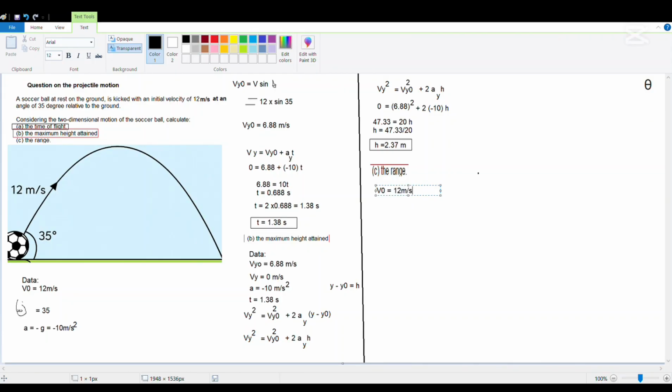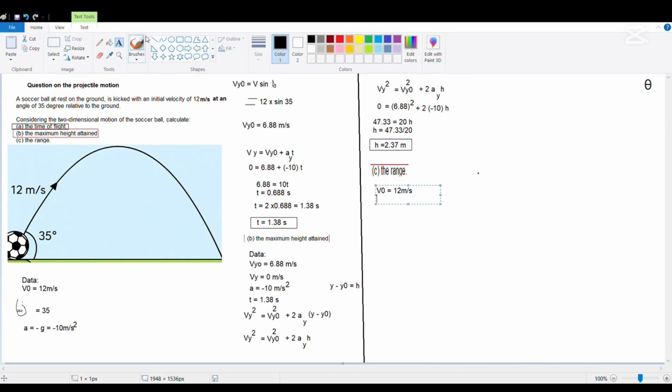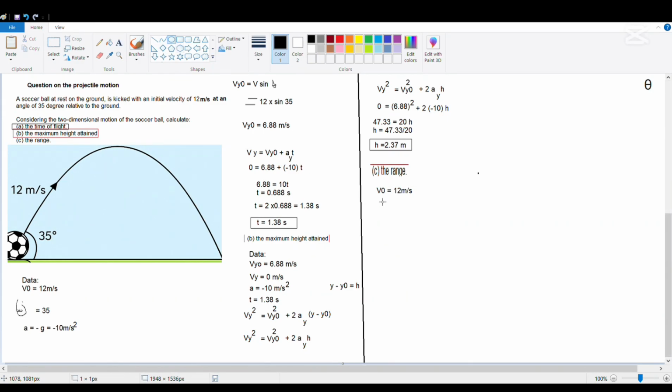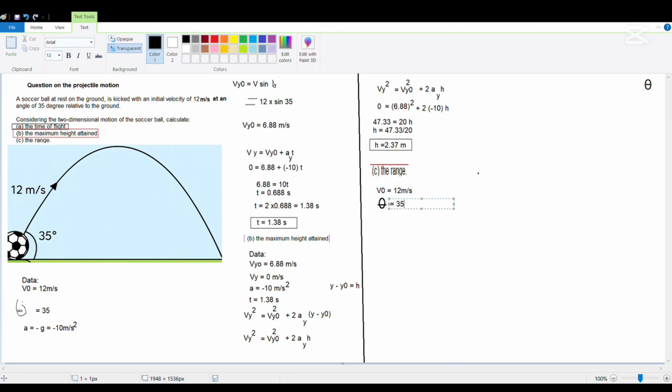And we have the angle theta, which is equal to 35 degrees, and the total time of flight, which is t equal to 1.38 seconds.